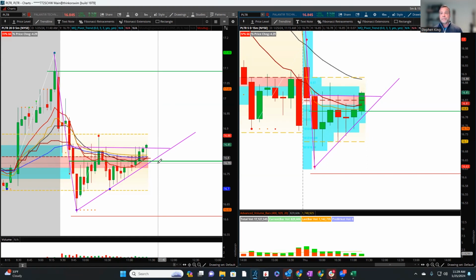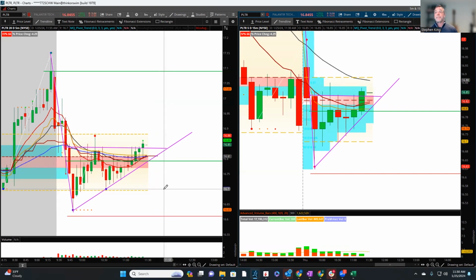That's going to be the key. There we go. We're getting a nice push. Okay. Getting a nice push through that level. You can see how that was a battleground. And finally, we are pushing above it. Okay. Let's look at the close of this candle. The close of this candle is 1685. Okay. We closed above the level that I needed it to.